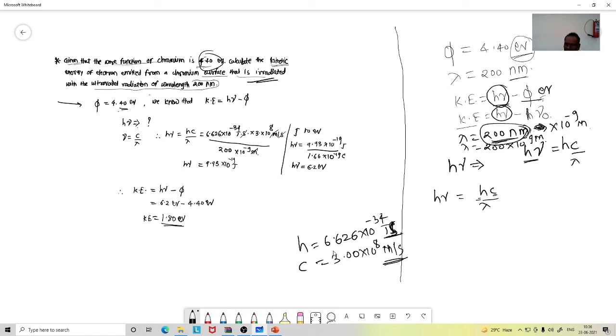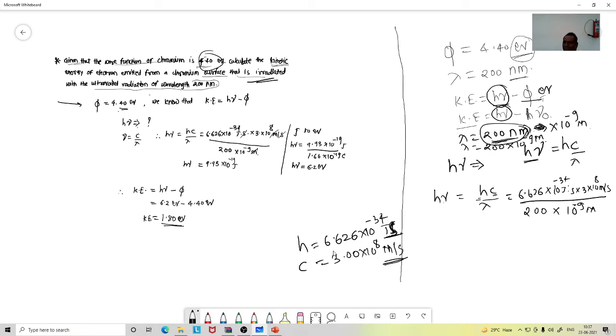This is also SI unit. Therefore, h nu is equal to 6.626 into 10 raised to minus 34 joule second into 3 into 10 raised to 8 meter per second divided by lambda value, that is 200 into 10 raised to minus 9 meter.